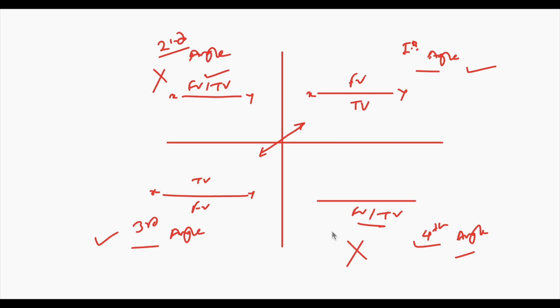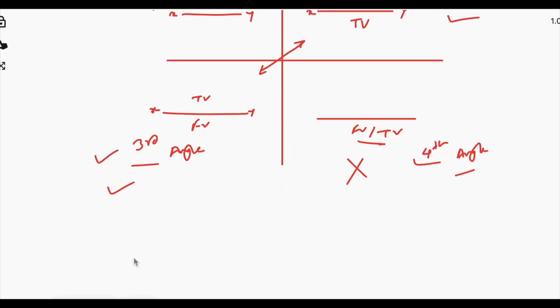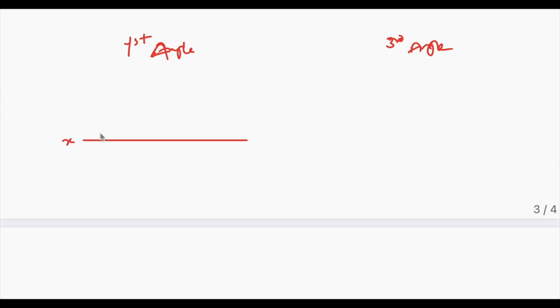Now moving further, as we know that only the first angle projection method and third angle projection method are used, let's differentiate those two methods further. So this is the first angle projection method, and let's say this is the third angle projection method.